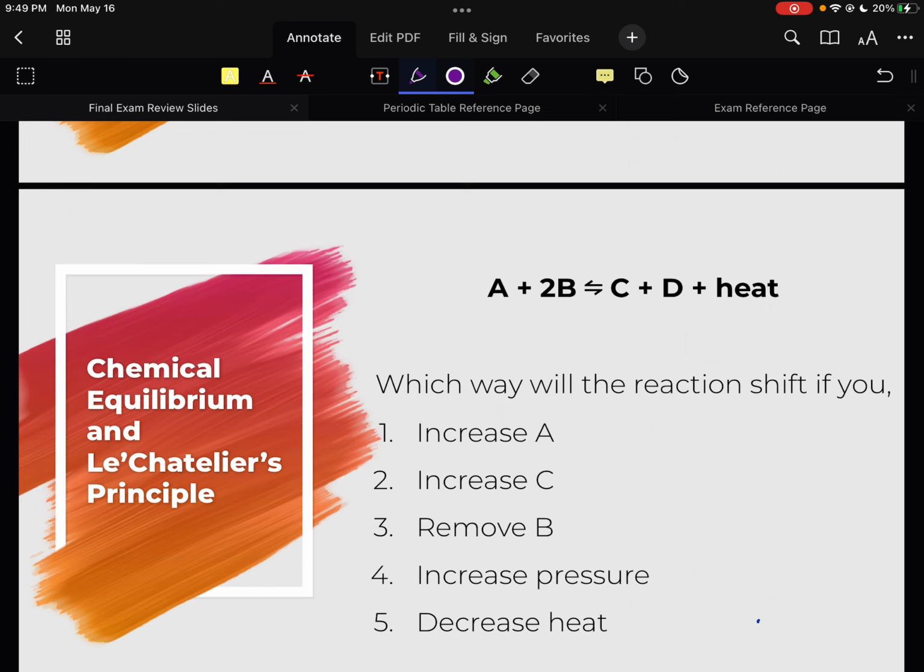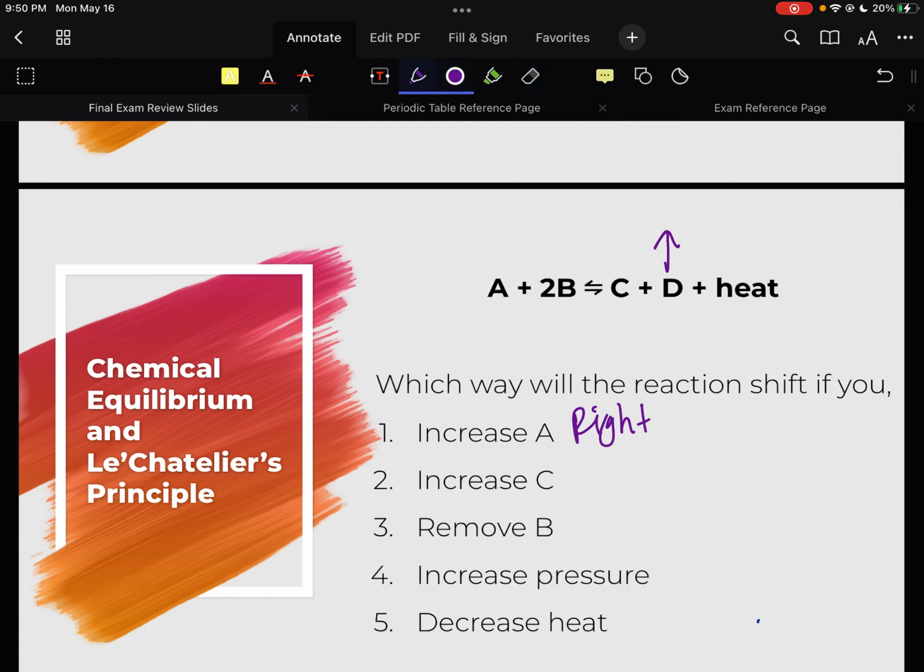The chemical equilibrium or Le Chatelier's principle is the last thing. This is just, remember, wanting to make sure everything on both sides is equal. So if I increase compound A, right? Now that means the left side has more, so it's going to shift to the right in order to even out.